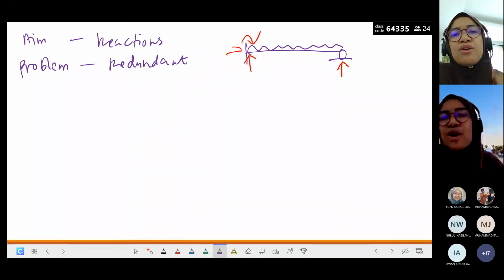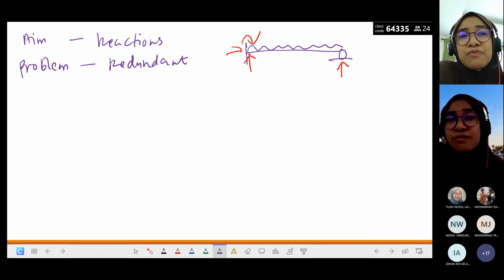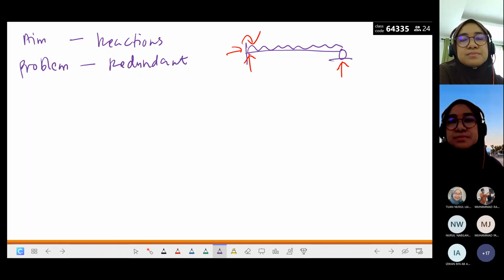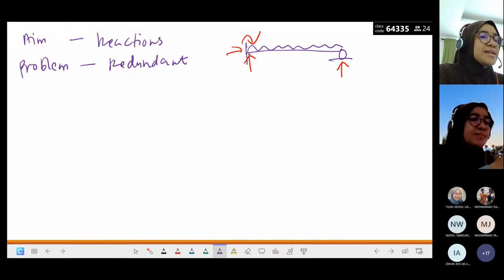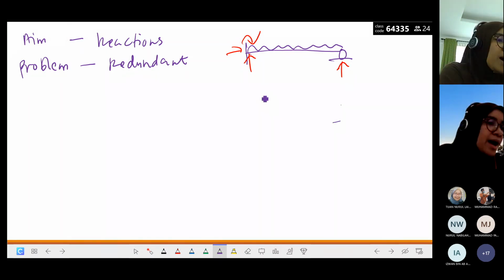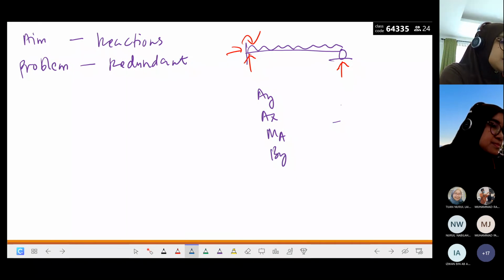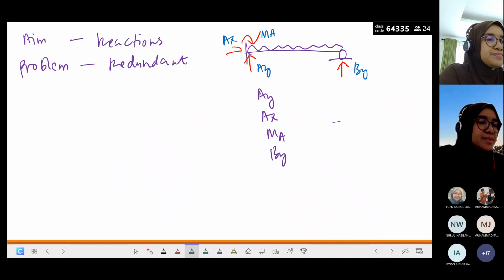If we know the value of the redundant, can we solve the remaining reactions? We have 4 values here: AY, AX, MA, as well as BY.